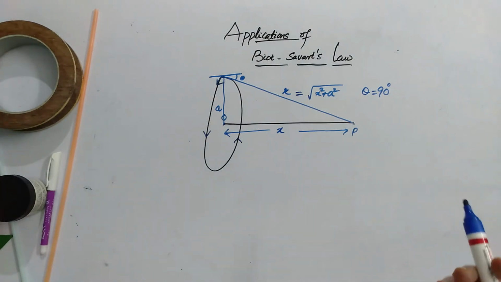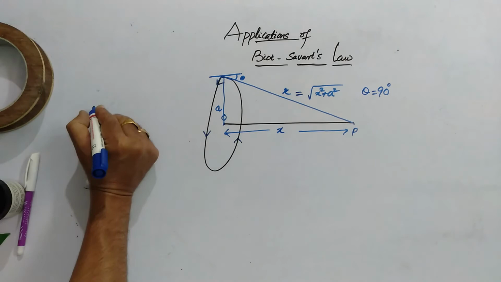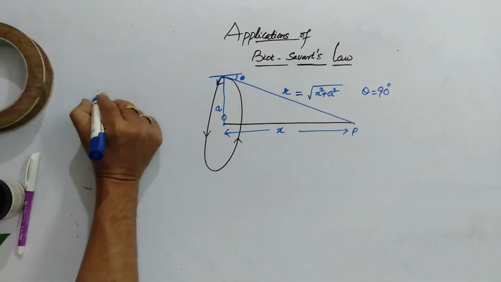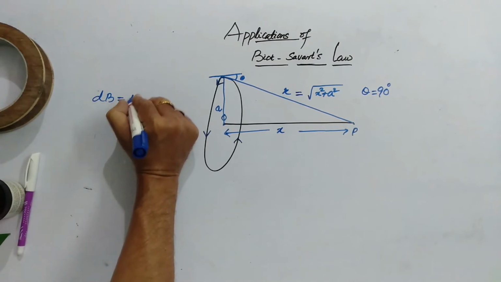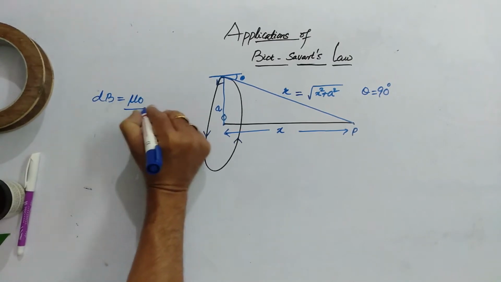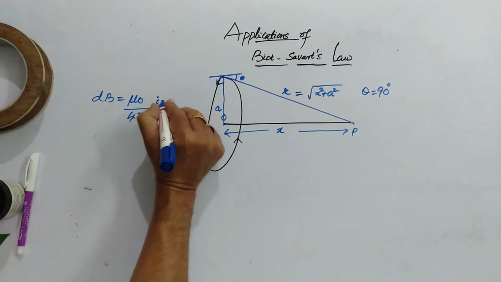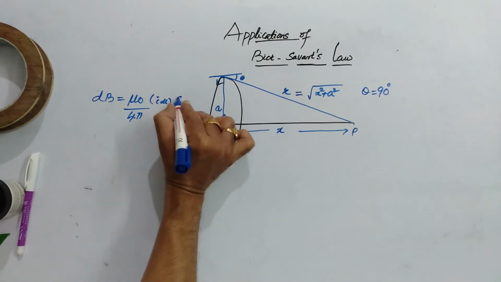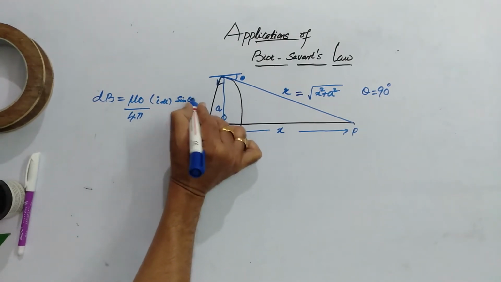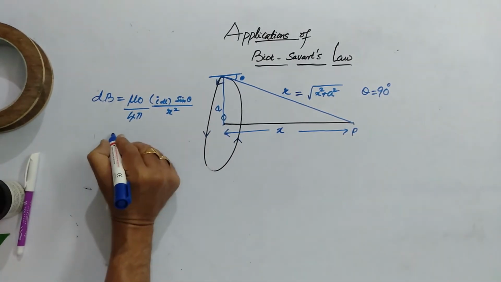Now what we do? We write again the Biot-Savart law statement. It is dB is equal to mu naught by 4 pi, I dl sin theta by R squared.